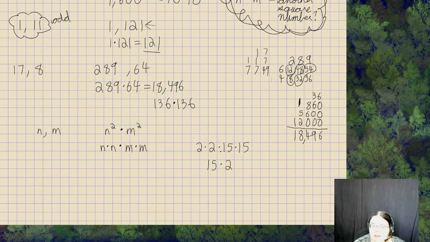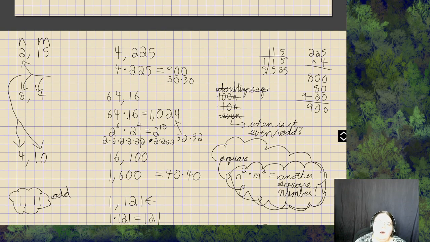So I can get the same result by multiplying in either order. So that would be the same as doing 2 times 15 times 2 times 15. Well, that's 30 and 30. So I have to get back 30 times 30, which is a square number. Oh, look, I did. Interesting.